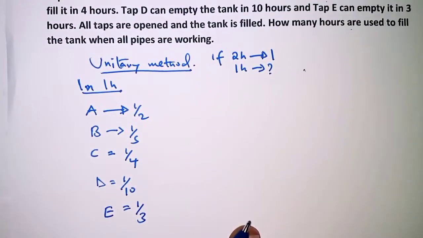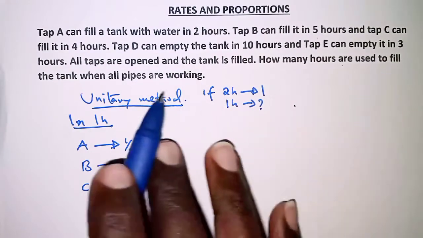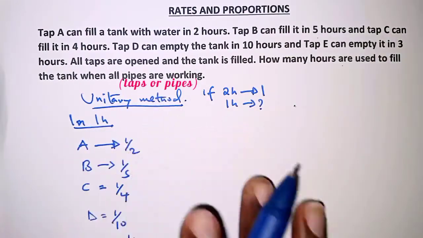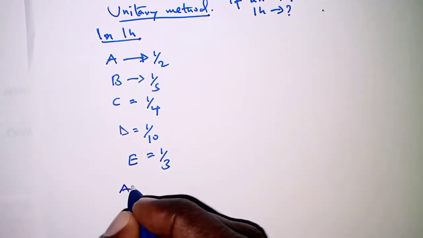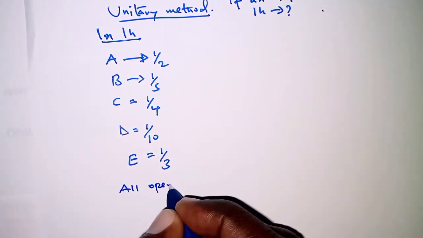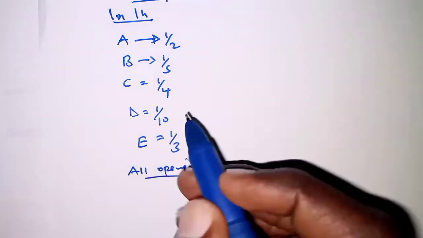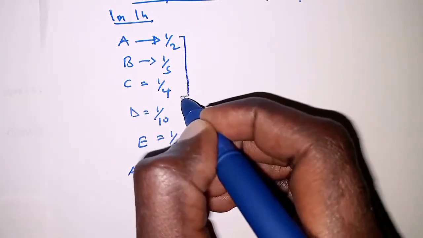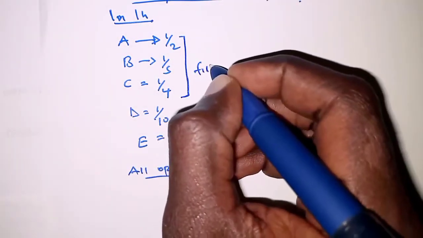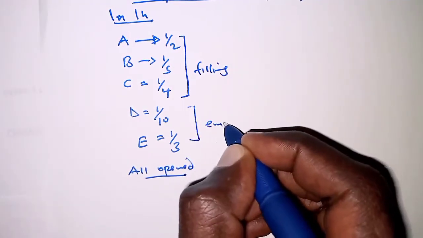So the next thing you are told: how many hours are used to fill the tank when all pipes are working? So when all are opened, what we'll simply have is this. We have Tap A, B and C filling, and Tap D and E emptying.